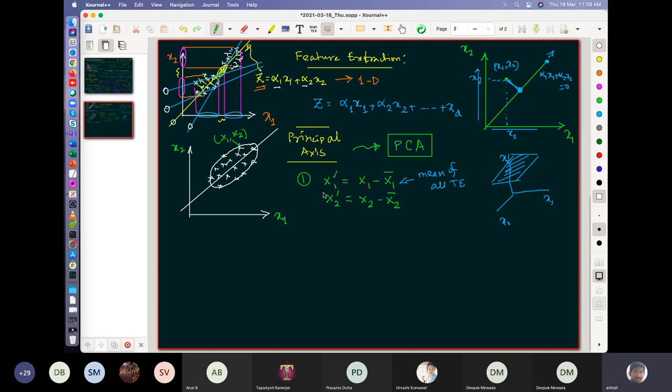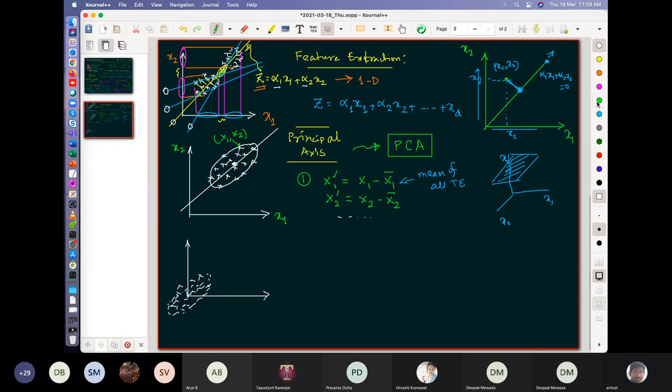So what does this transformation do if I do it for all the points? Let us draw the same figure. Your data distribution will now look like this, because the mean was somewhere here. If you subtract it from every point, your mean will come to the center and the points will shift.